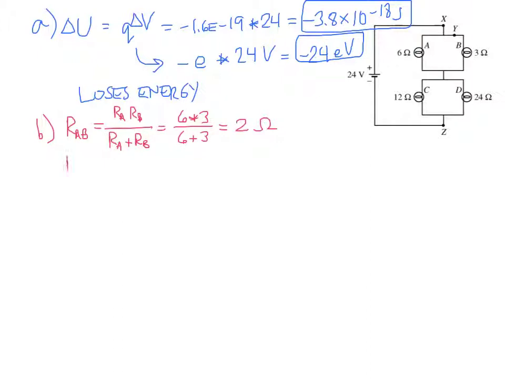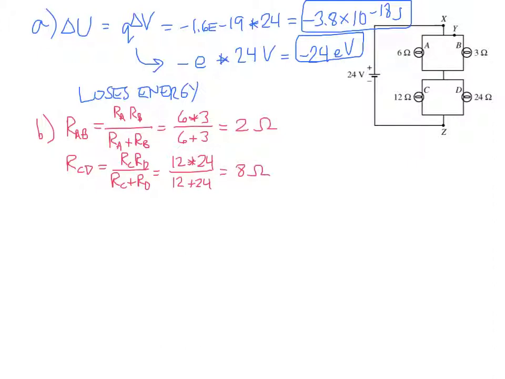Then we can use a similar formula for the equivalent resistance of C and D combined. That's going to be RC times RD over RC plus RD, which is equal to 12 times 24 over 12 plus 24. And that is equal to 8 ohms.